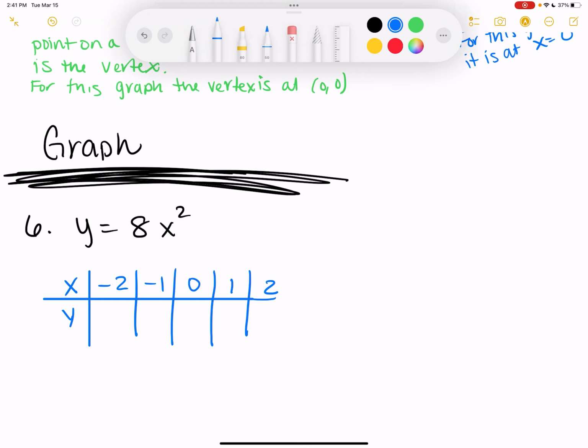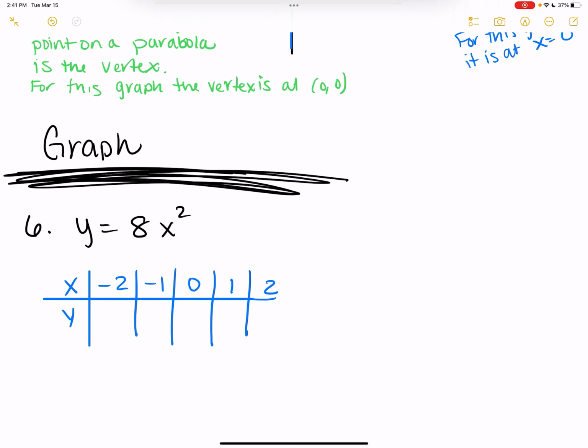All right, so if I plug -2 in for x, what do I get? Squared is 4.